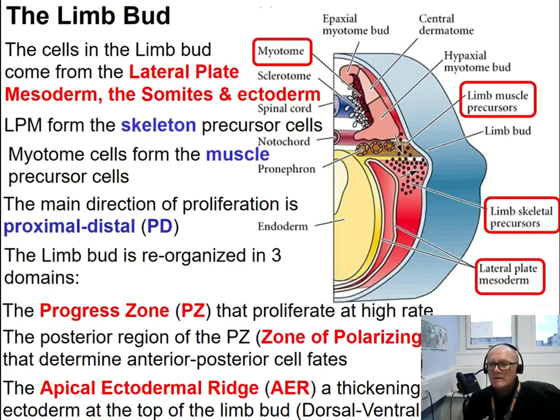This is important for maintaining proliferation of the mesenchyme below it, but also to interact with the ZPA to establish the anterior-posterior axis and to divide the limb into a dorsal and ventral region.